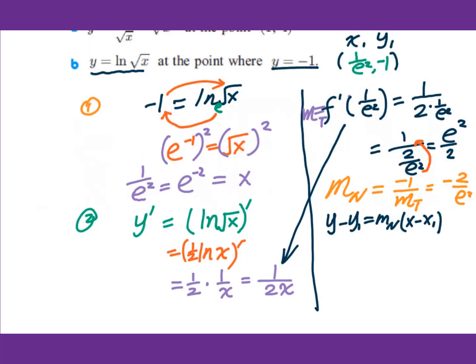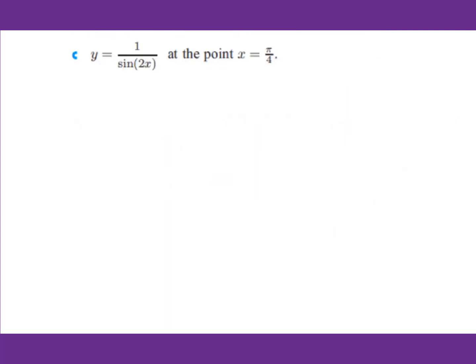You write down the equation of the normal line, that is y plus 1 equals negative 2 over e squared times x minus 1 over e squared. Now let's go to C.